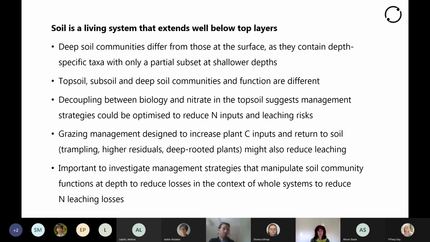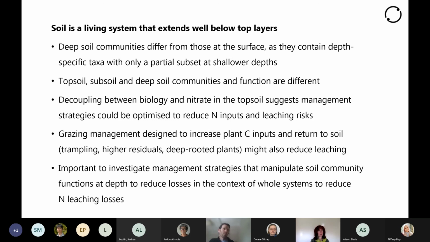Yes. So the other thing that our work has exposed is that soils are really a living system, and they extend well below the top layers, which are usually the focus of investigation, because that's where most of the roots grow, and it's also much easier to study.